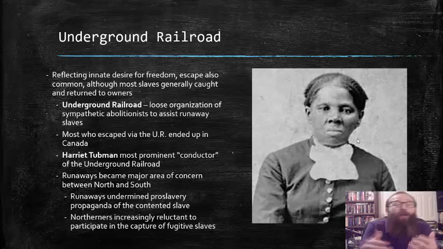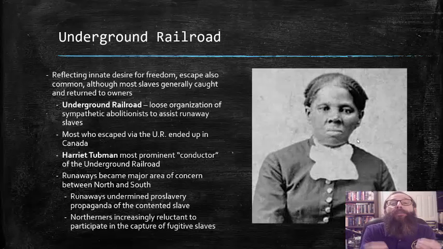The runaways became a major area of concern between the North and South and fueled the tensions between the two regions leading up to the Civil War. Runaways in general undermined the pro-slavery propaganda emerging from the South at this time that described the slaves as generally contented with their lot and more than happy with their condition on the plantations.